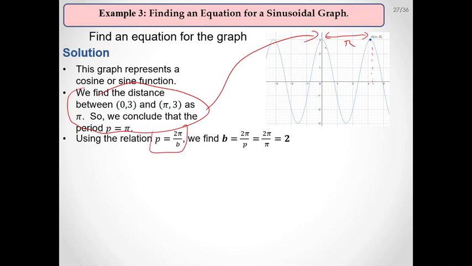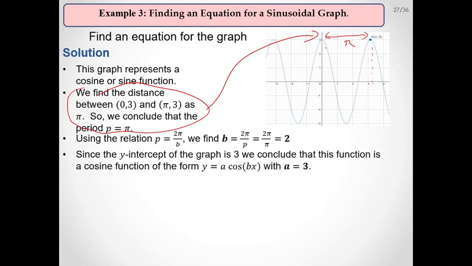Using the relation p is equal to 2 pi over b, you set it equal to pi, and then b is equal to 2. And the y-intercept of the graph is 3. So we conclude this function is a cosine function, and a is directly 3.